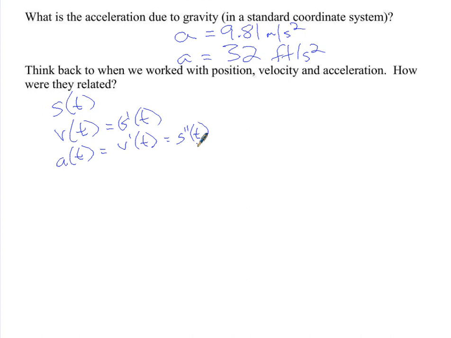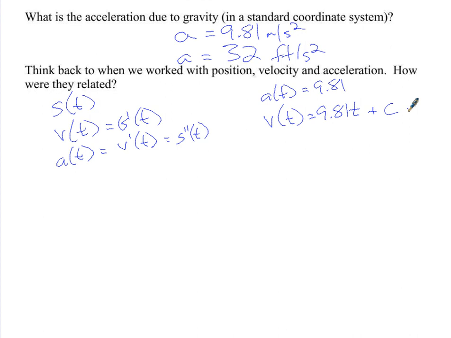So if I have the acceleration, which is sitting right here as a function, a of t equals 9.81, what is the velocity function? v of t equals 9.81 t plus c.